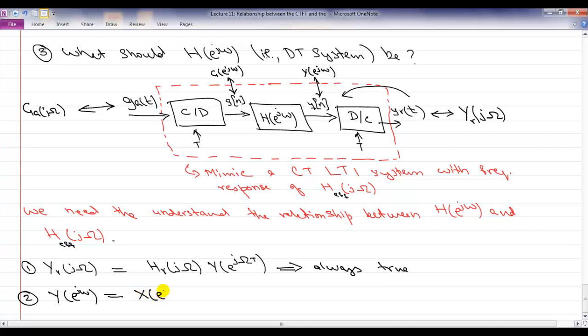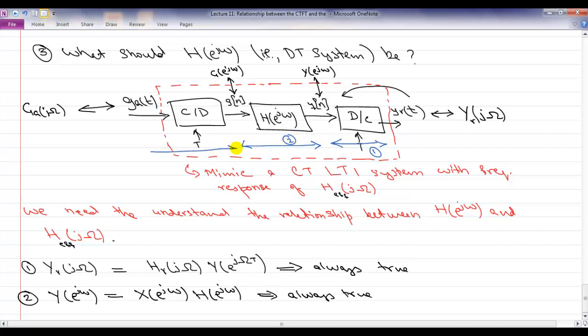So that's X of e to the j omega times H of e to the j omega. This is always true also. So we have now covered the last block, block 1, and this block, which is block 2.